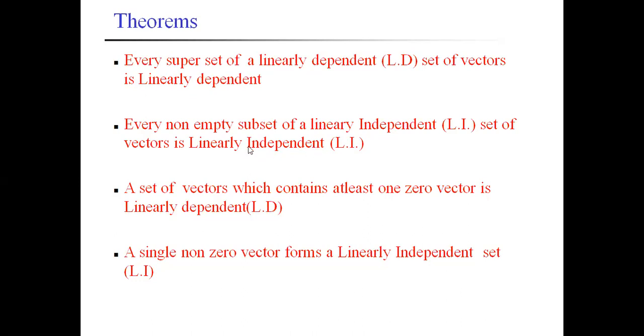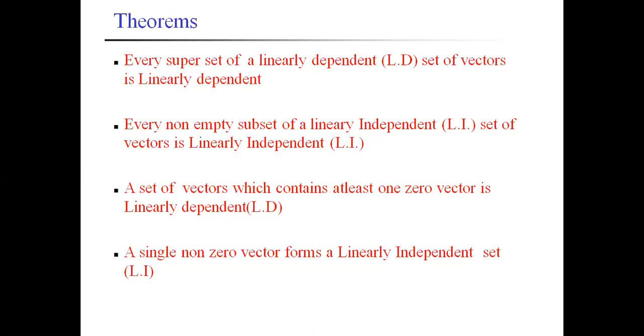We can easily prove this theorem by taking the vectors u1, u2, un. Taking the linear combination, what do we get? c1 u1 plus c2 u2 plus and so on, cn un equal to 0. Linearly independent means all constants should be 0. That is c1, c2, c3, and so on, cn equal to 0.